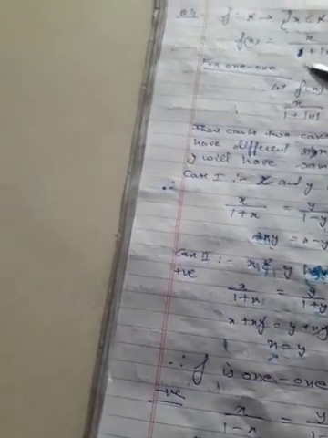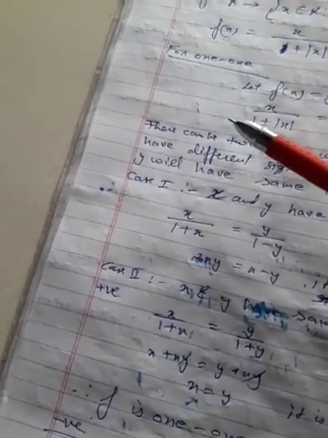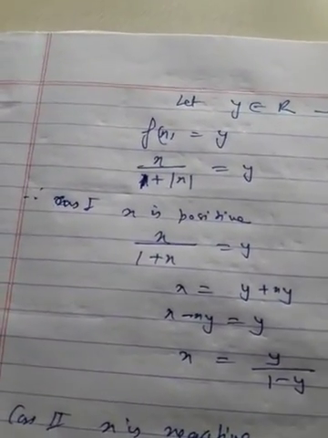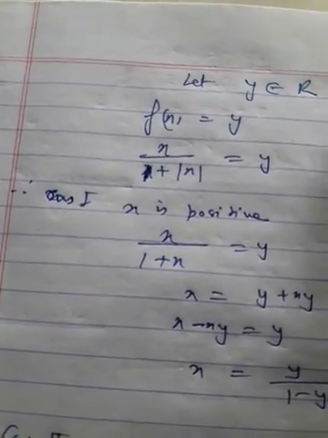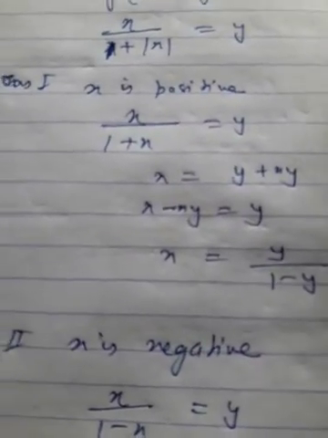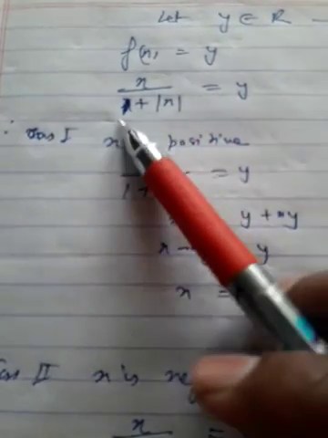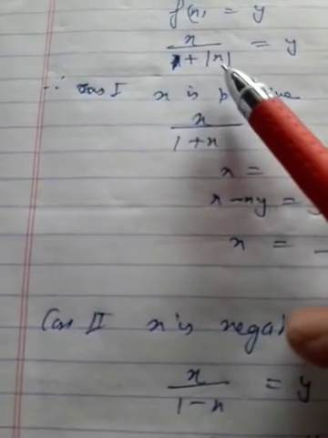Now to prove this function is onto, let us see. We take a y which belongs to R such that y is in between -1 to 1. Now to prove it, we take f(x) equals y. Put the value: x upon 1 plus mod x equals y. Now again x may be positive or negative.